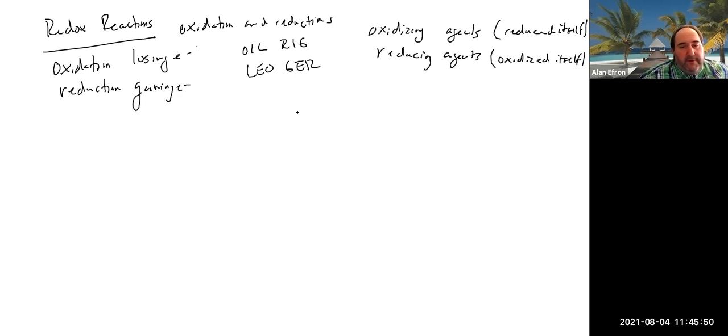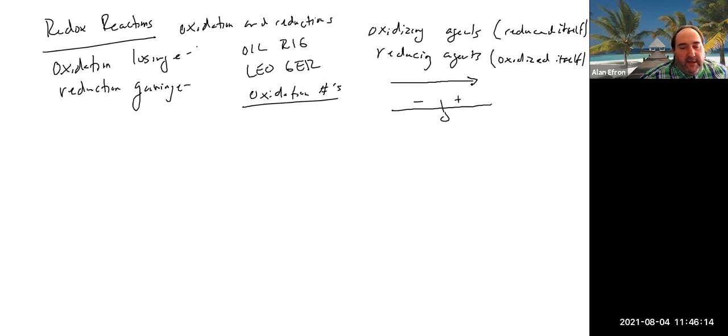Sometimes people find it hard to figure out what's being oxidized and reduced, and we could use our oxidation numbers to help us with that. Remember, oxygen's -2, and you can assign your oxidation numbers. You can use a simple number line approach to figure out what is being oxidized and what is being reduced. If you're being oxidized, you're becoming more positive.